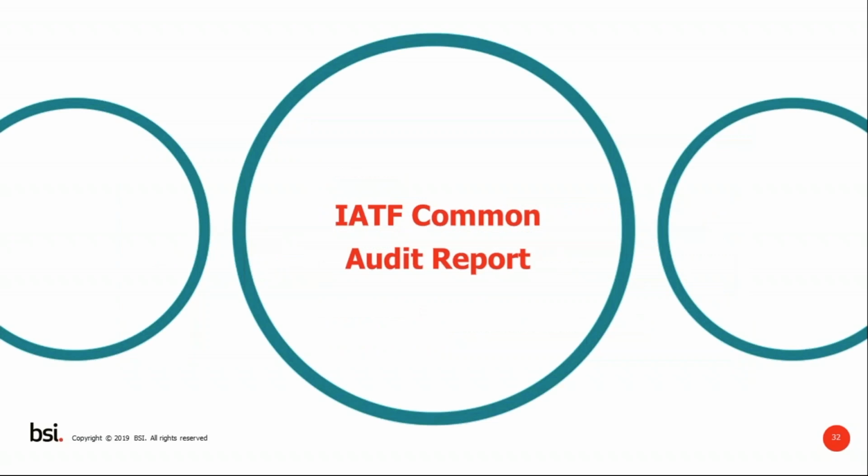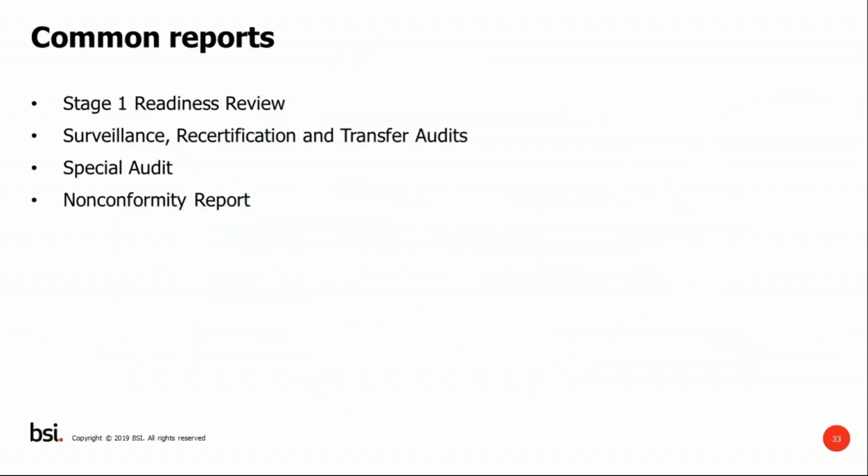We'll talk a little about the IATF audit common report. Some of you out in the automotive area will know that IATF have decided to commonize a number of the reports. So IATF are looking to identify, confirm and require all certification bodies to use a single common report. And that's been done for stage 1 readiness reviews, surveillance audits, recertification and transfer audits, special audits, and also for the non-conformity report.